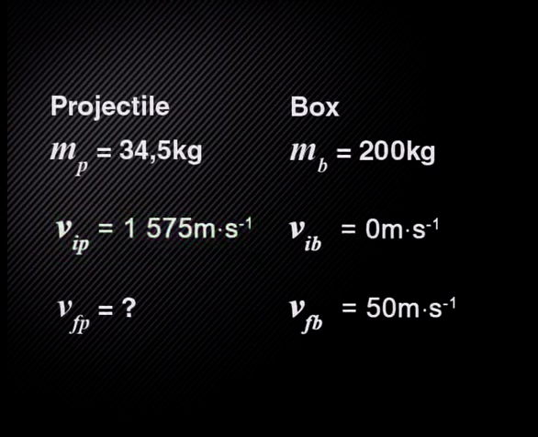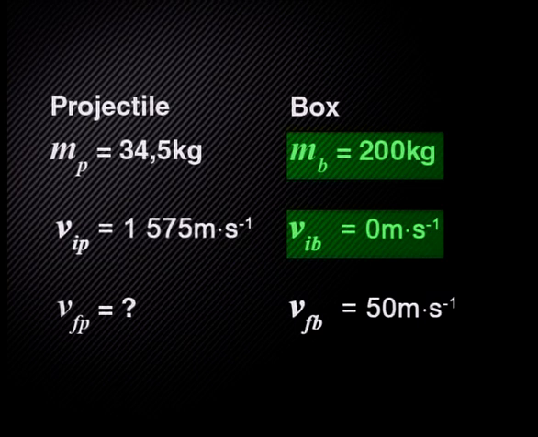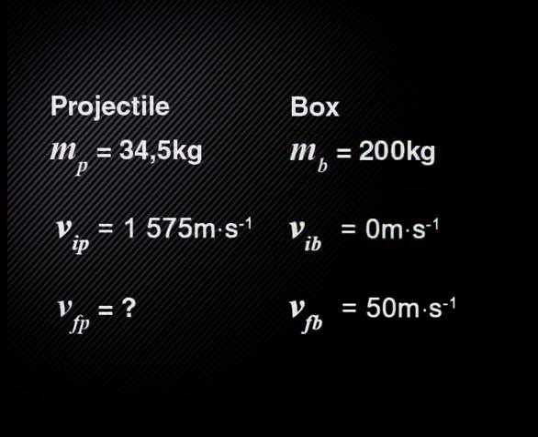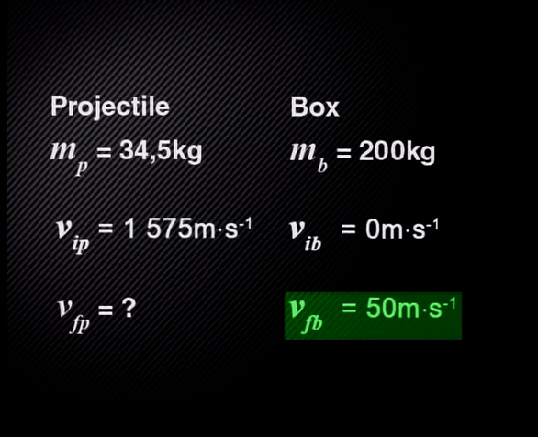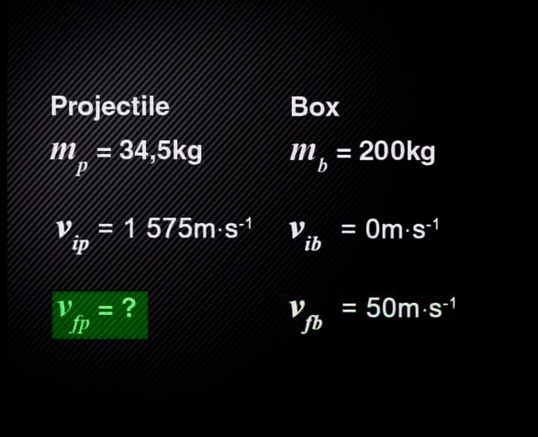We also know that the box had a mass of 200 kilograms and was stationary before the projectile collided with it. After the projectile moved through, the box moved at 50 meters per second. We need to work out the velocity of the projectile.